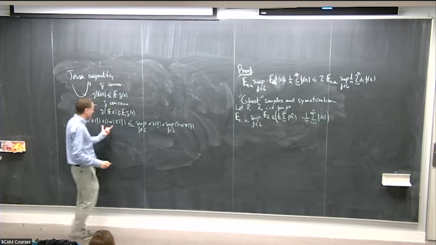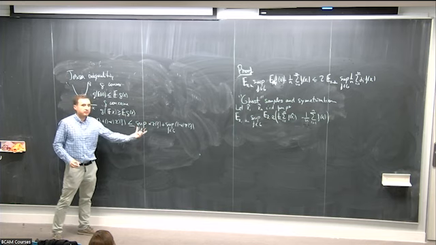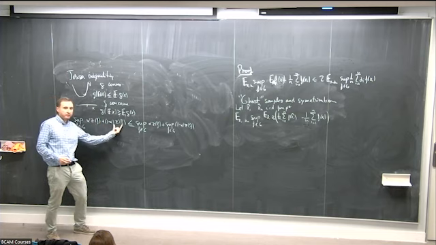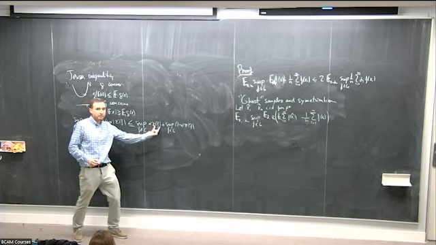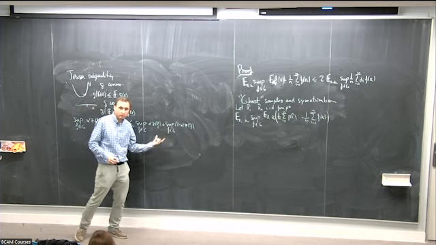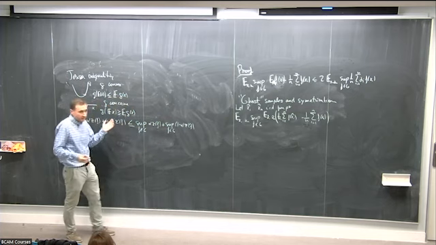This sup on the left is smaller than this other sup, because here I am forced to use the same f for this term and for this term, while in this other case I am allowed to use one f for this term and a different f for the other. So I can always make these sups bigger or at least equal.